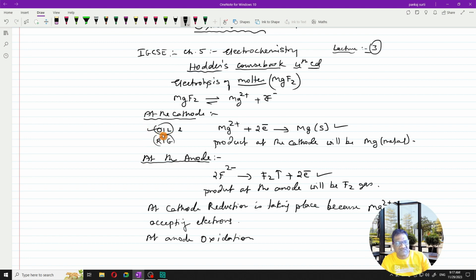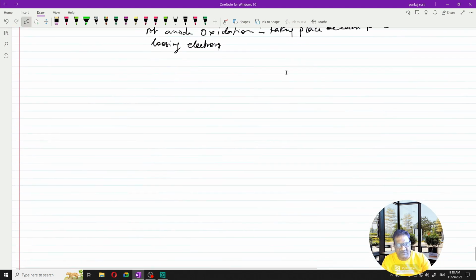OIL, oxidation is loss of electrons. So at the anode, oxidation is taking place, and the reason again is because this fluoride ion is losing electrons. So that was one more example of electrolysis.